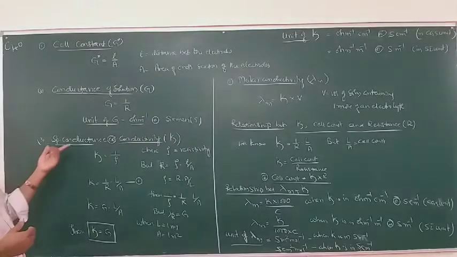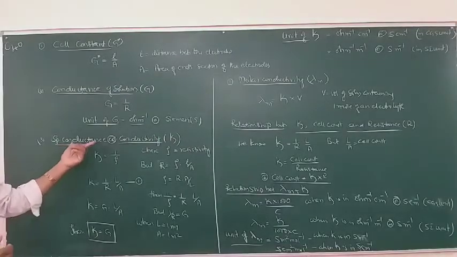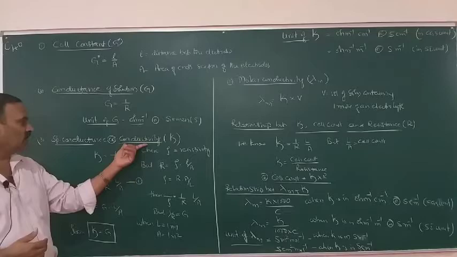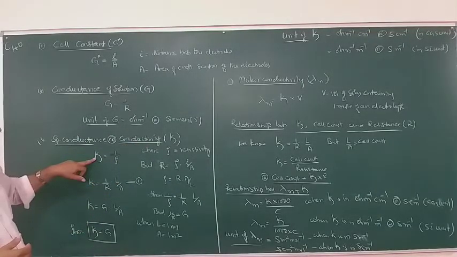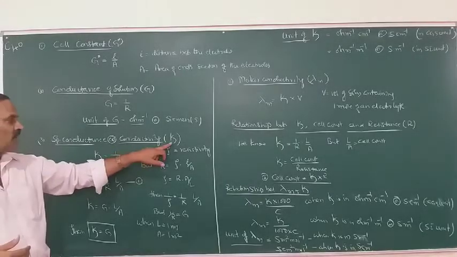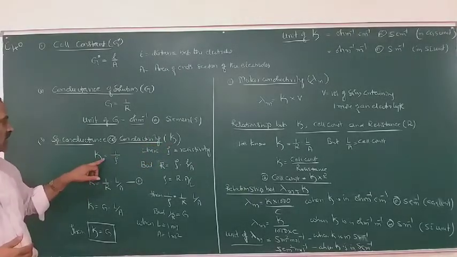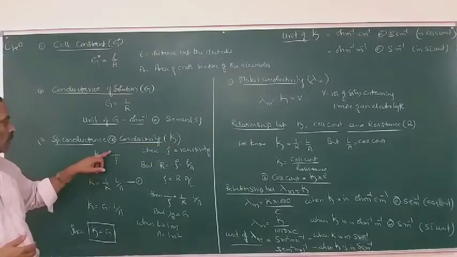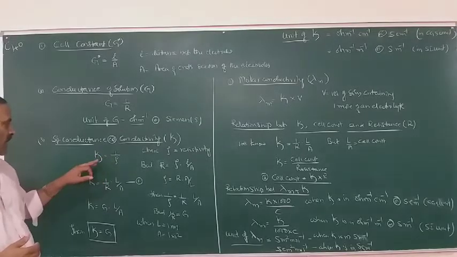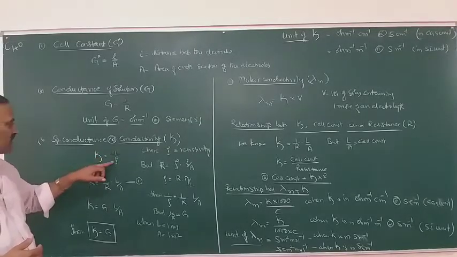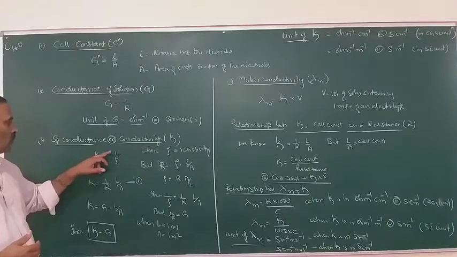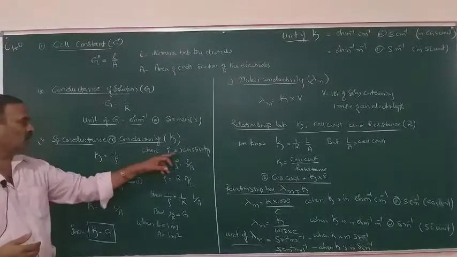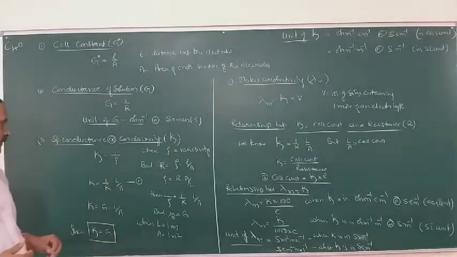Then coming to specific conductance, it is also called conductivity. Specific conductance is represented by the letter kappa. It is equal to 1 over resistivity; the inverse of resistivity is known as conductivity. Kappa is equal to 1 over rho, where rho is the resistivity.